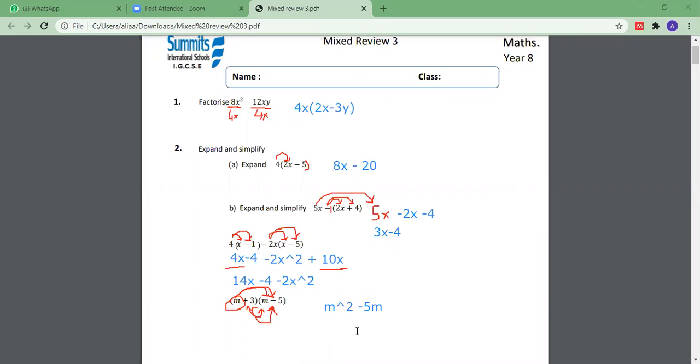It is 5m, so I'll write it under it. It's 3m positive, so it will be written as it is without a negative. And 3 multiply negative 5 will be negative 15. Okay, and then I will add them.